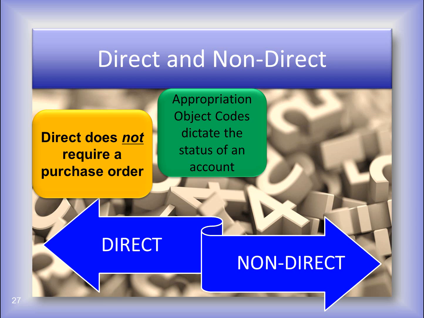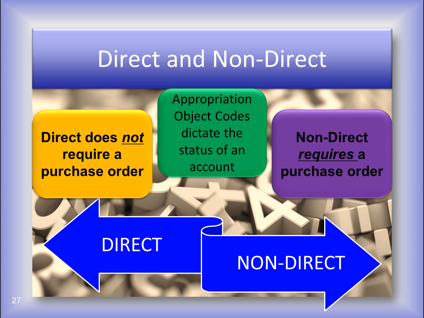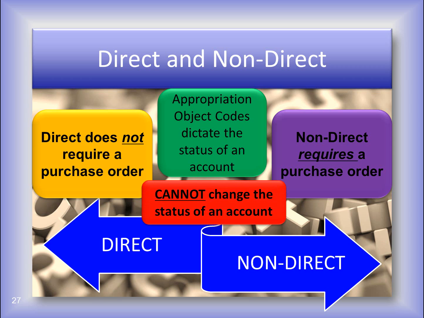Direct accounts are primarily wage-related, but there are a few others. Non-direct accounts require purchase orders to encumber the budget before purchases are made. Expenditures are then posted against the purchase orders. You cannot change the status of an account. You must choose the correct account and use it as required.